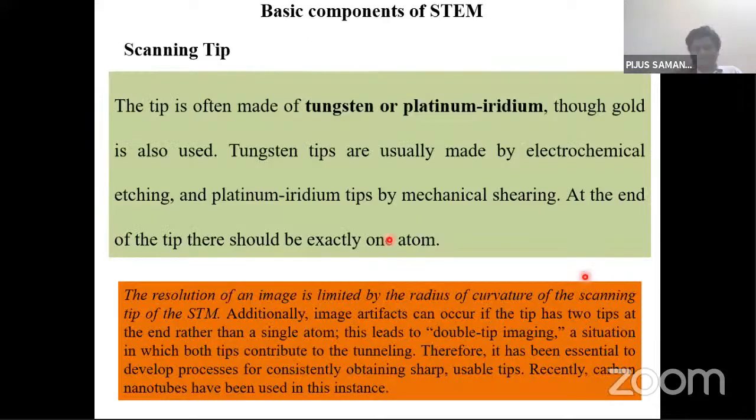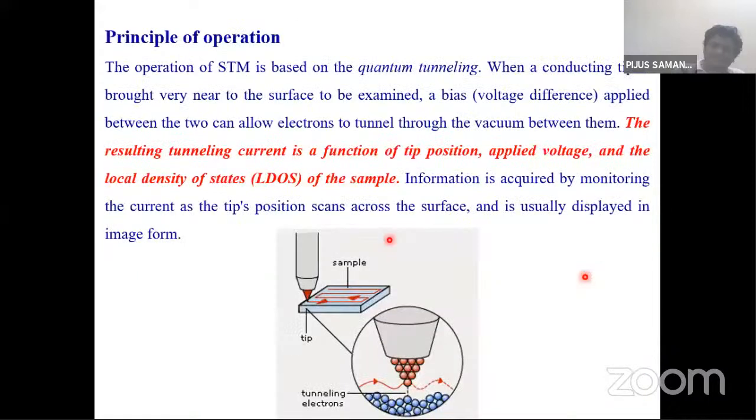Before going to that, let's see how it works. Suppose this is the tip, I am showing the atomic level over here, and this is the sample. The tip is biased with respect to the sample. When the tip comes very close to the sample surface, it will not touch the surface, but it is very close.